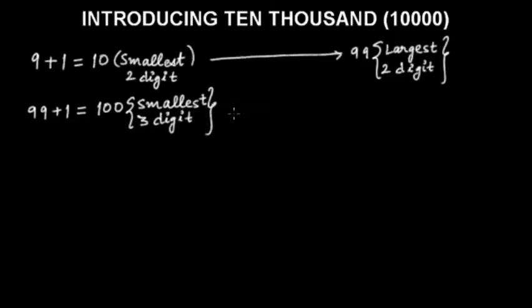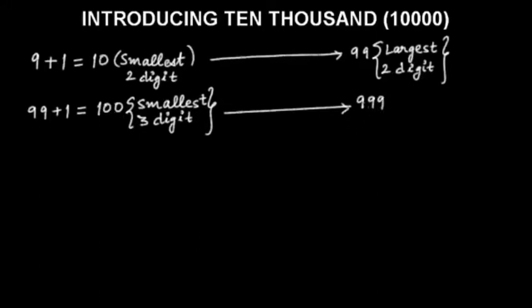Then what's the largest 3-digit number? Of course, 999.